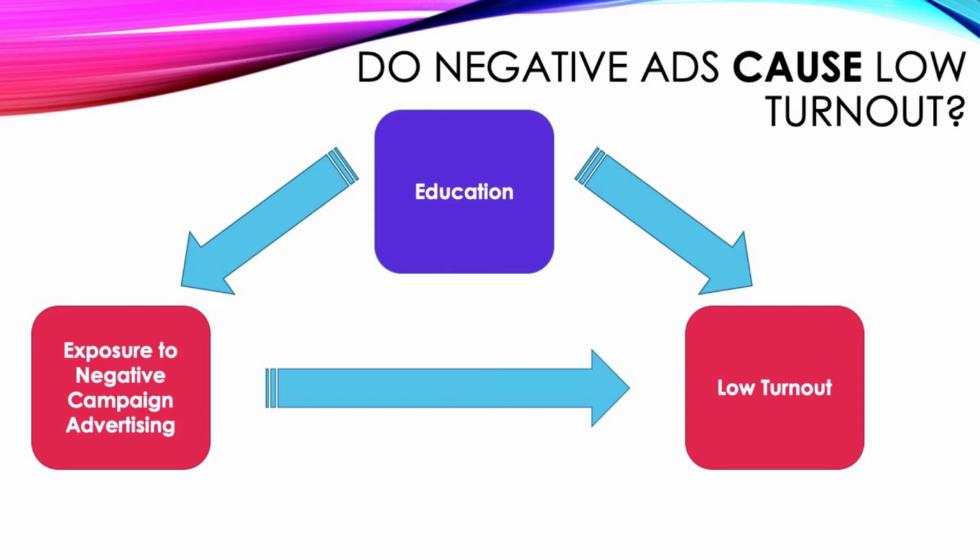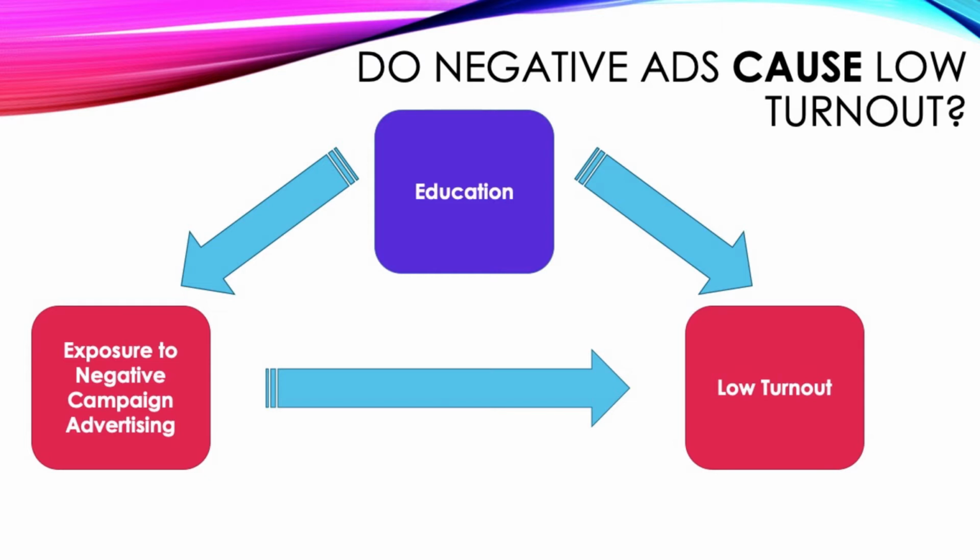So people with very low education, they might also be very unlikely to vote. You know, we need a lot of information in order to feel confident about the vote that we cast. So if you don't have very much education, you might already be predisposed to not turn out and vote. And the same could have an impact on your exposure to negative campaign advertisements.